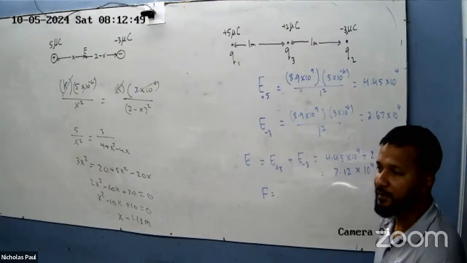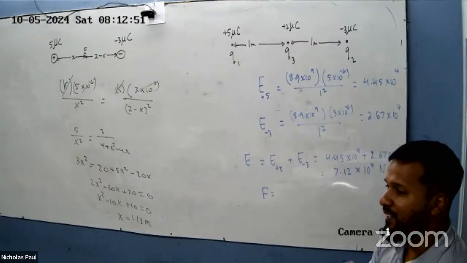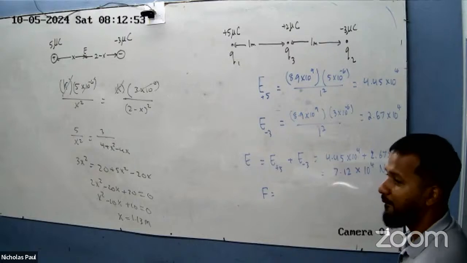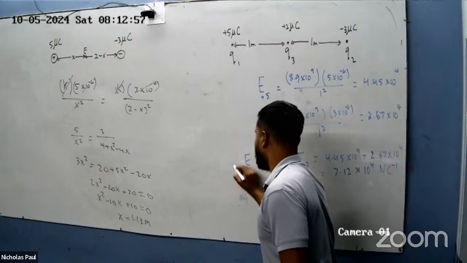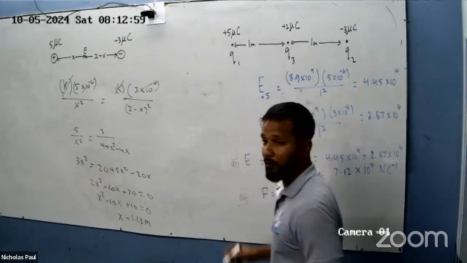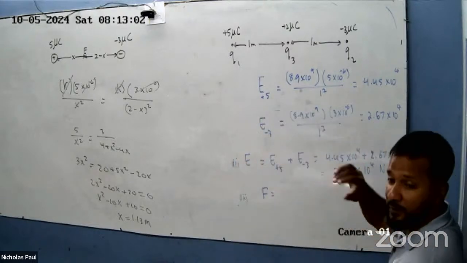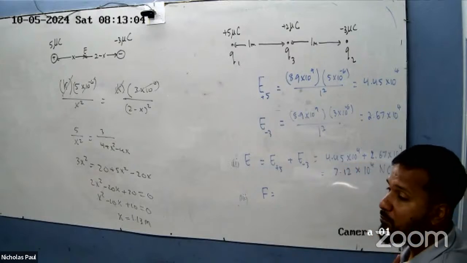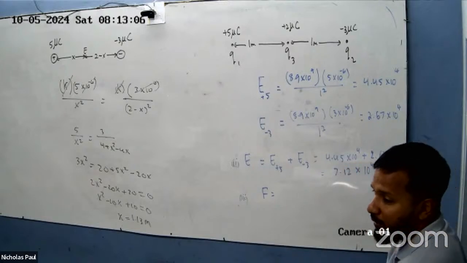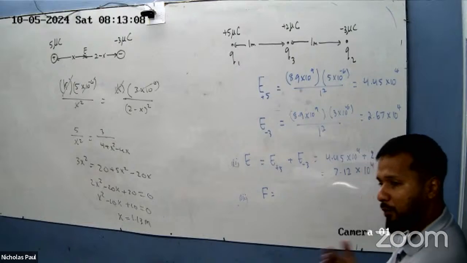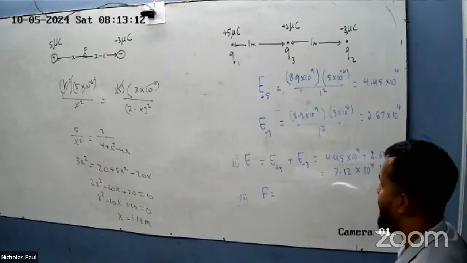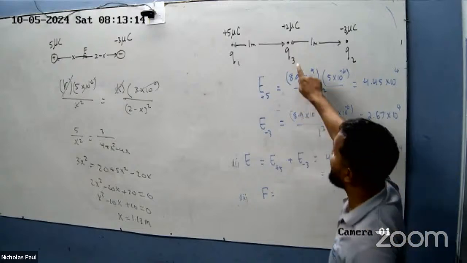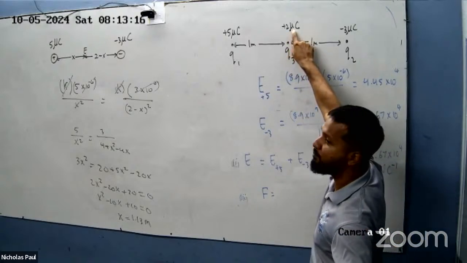Right, last part, Part 3. How are we getting the force in it? Which formula are you going to use? How are you finding the force exerted on the charge?